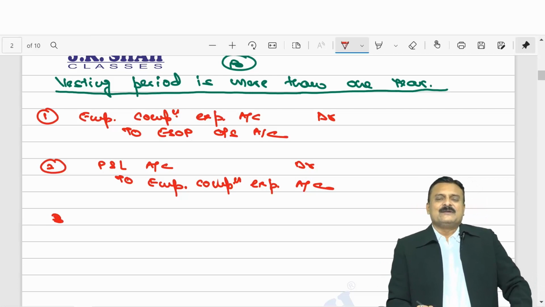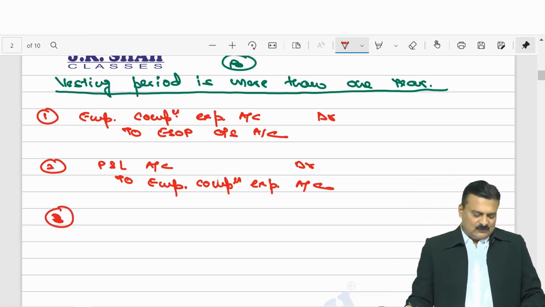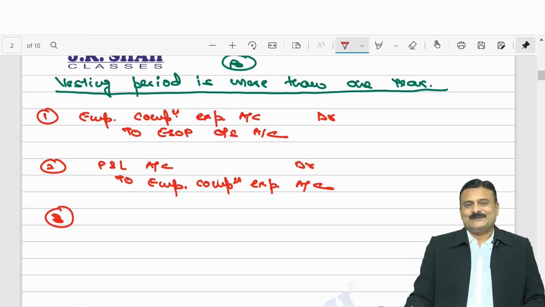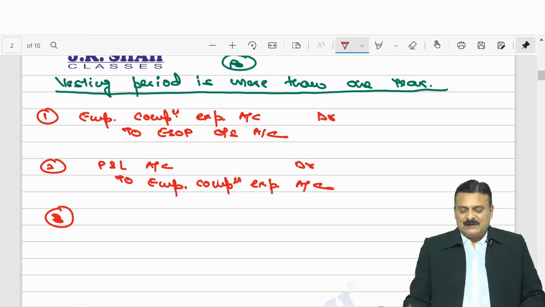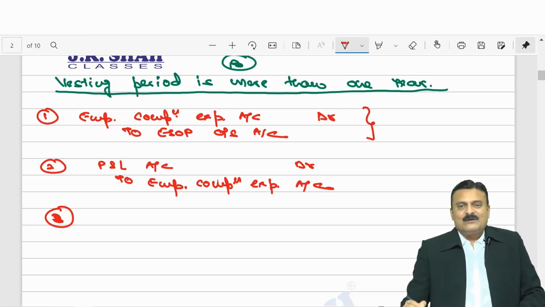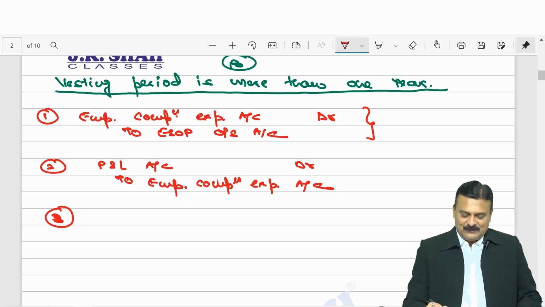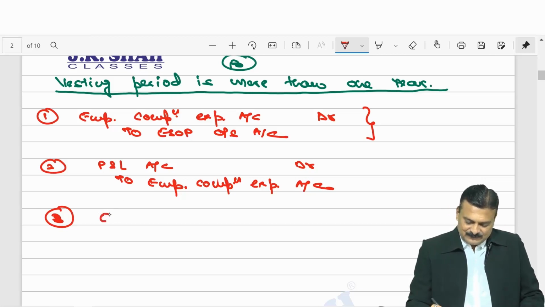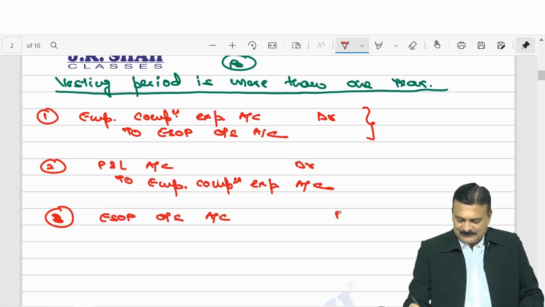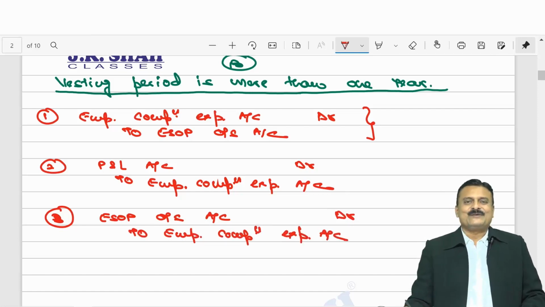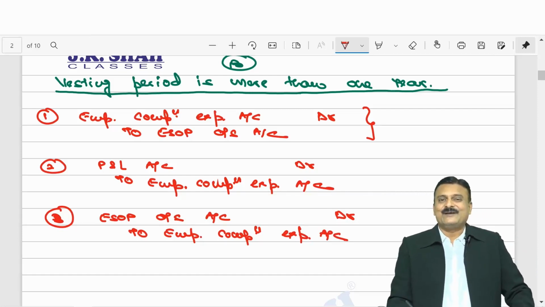Suppose some of those people denied, no sir, we don't want, lapses. Then what should be the entry for lapses? Simple. This was the entry for offering shares to them. If it is lapses, it has to be a reverse entry for the lapse. Entry will be ESOP outstanding account debit to employee compensation expense account. This is for lapses, the reverse entry.